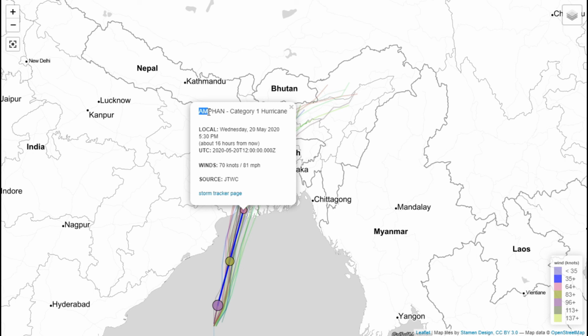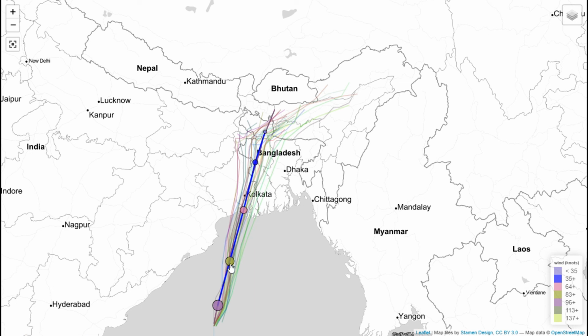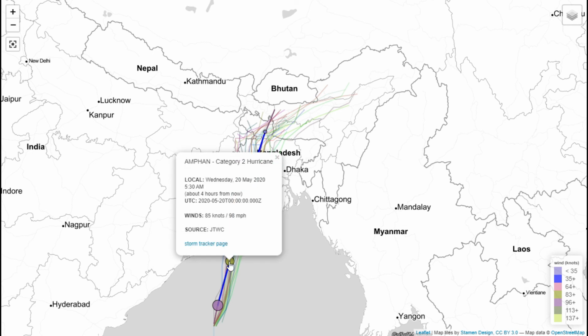And at that point, the speed of the cyclone will be 81 miles per hour. That means it will further lose its strength. The speed will decrease. At point number 2, the speed will be 98 miles per hour. But at point number 3, the speed will decrease and it will become 81 miles per hour.